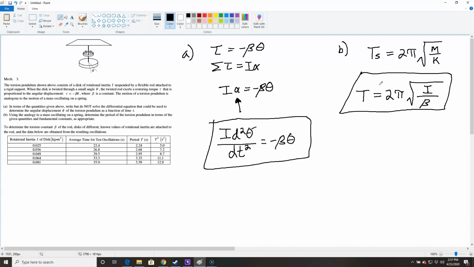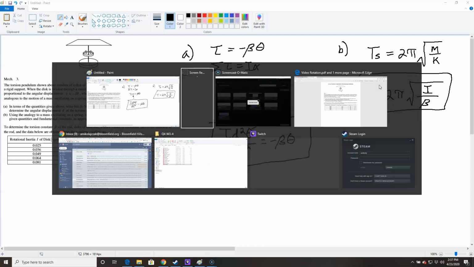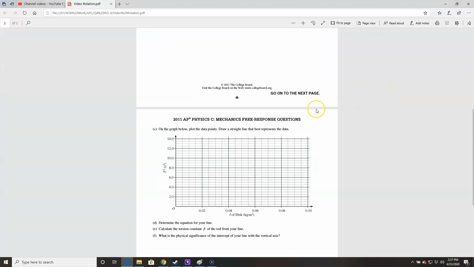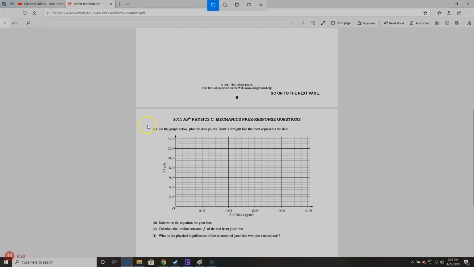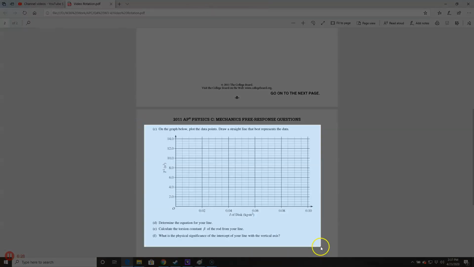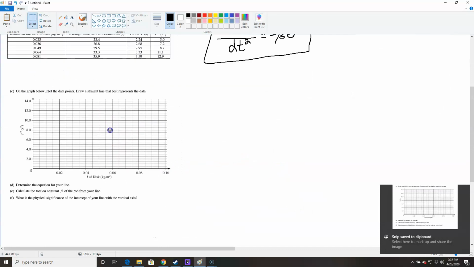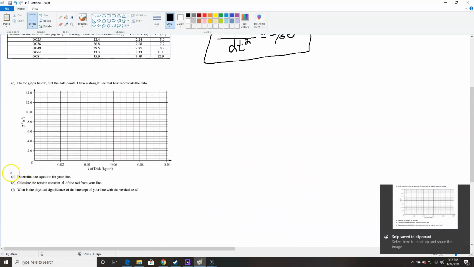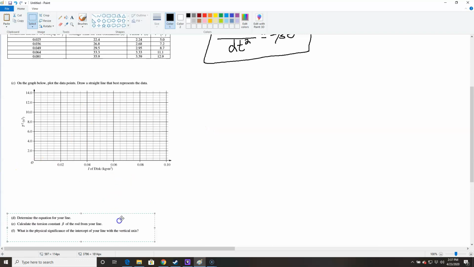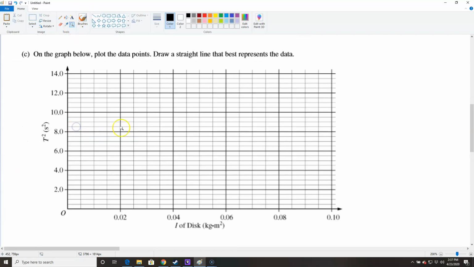So let's move on to C. I'm going to have to go ahead and get this wonderful graph all nice and ready. Copy this and come back into here. Paste, success. Let's move D, E, and F out of the way. And it says on C, on the graph below, plot the data points, draw a straight line that best represents the data.